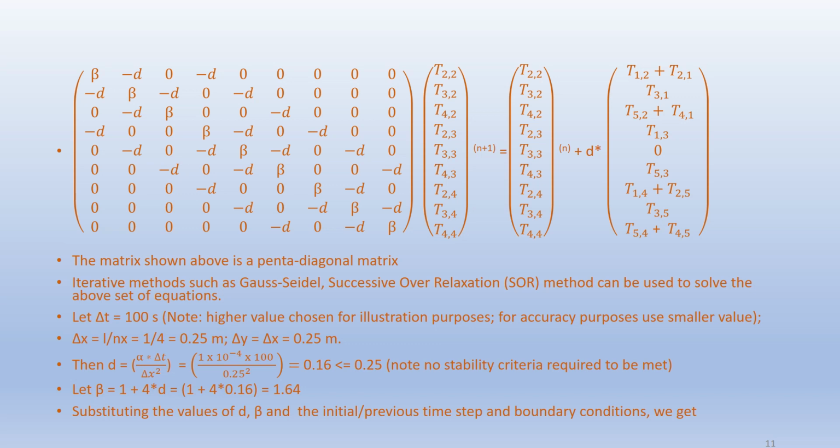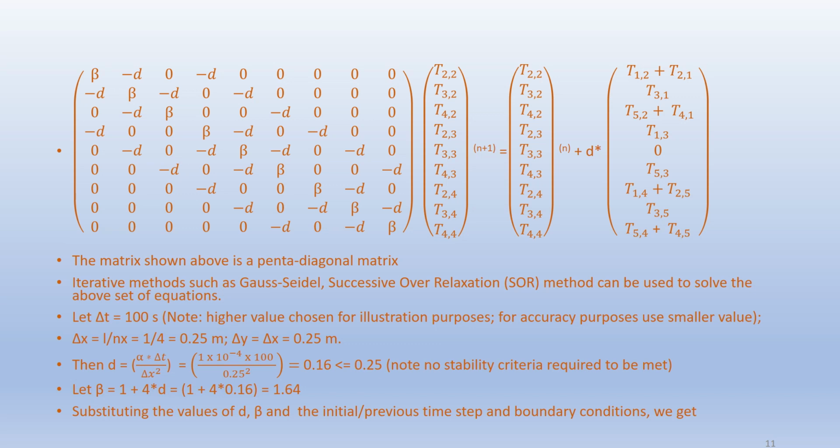Also, delta y equals delta x, which is equal to 0.25 meters. The diffusion number d equals alpha times delta t divided by delta x square, which equals 1 times 10 to the negative 4 times 100 divided by 0.25 square, which is equal to 0.16.